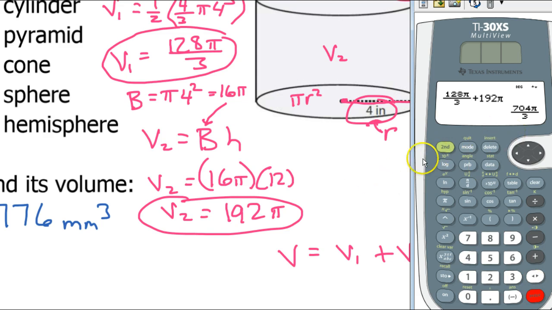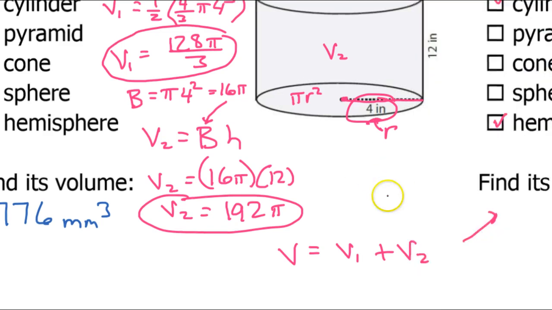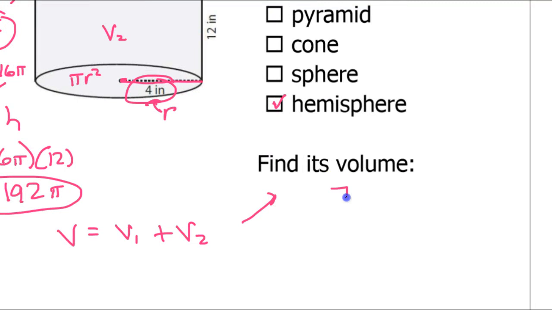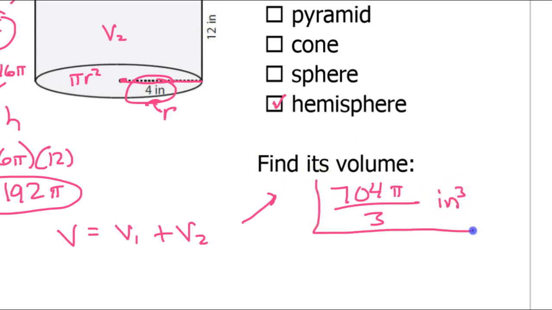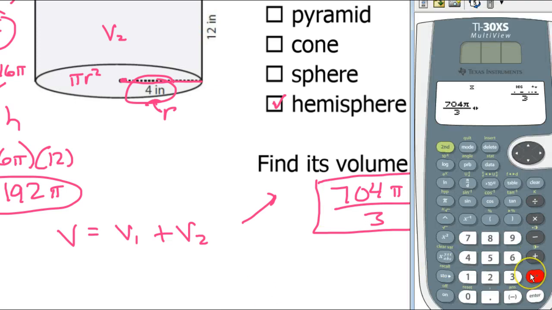They're giving us an exact answer, 704 pi over 3. The lengths are in inches, so this will be inches cubed. Or we can hit the toggle key and get the decimal, which is 737.23.